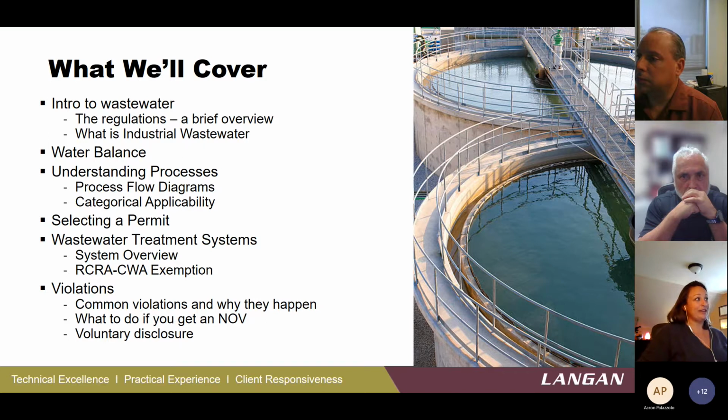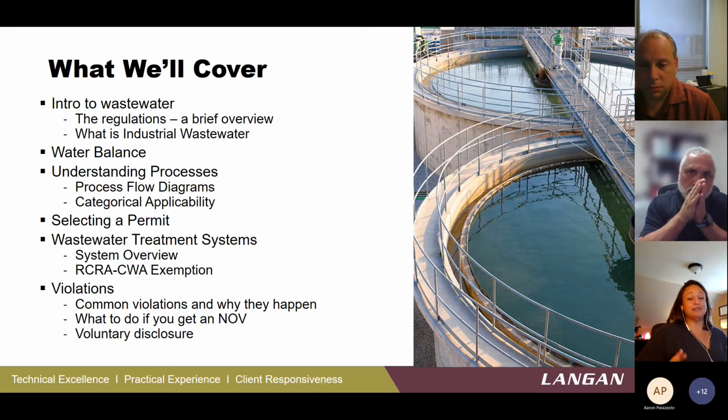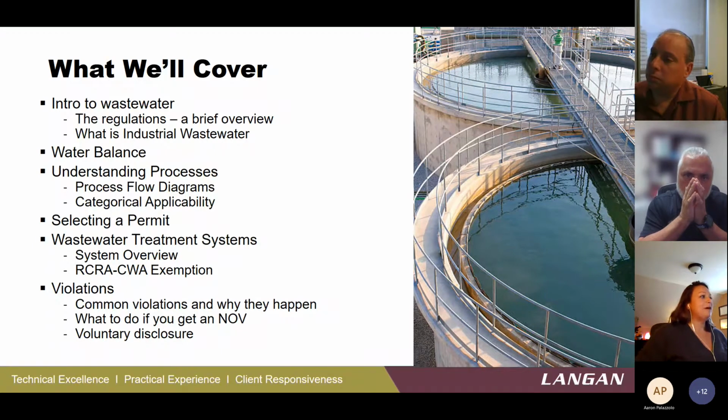So today what we're going to cover, we'll do an intro to wastewater: a really brief overview of the regulations, the definition of what is industrial wastewater, some things that are common, and a bunch of commonly overlooked sources. We'll go through a water balance. What is the water balance? How do you make a water balance? And the importance of the water balance.